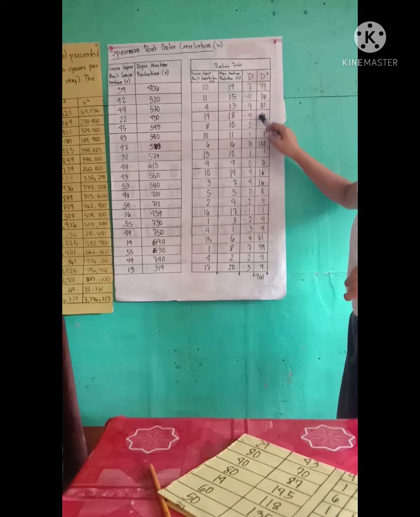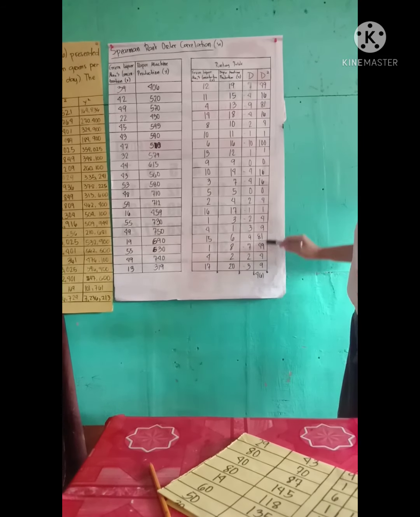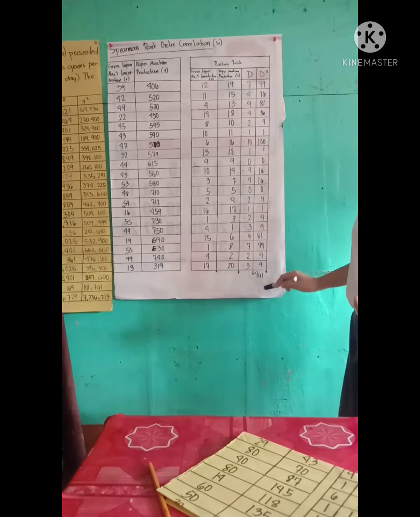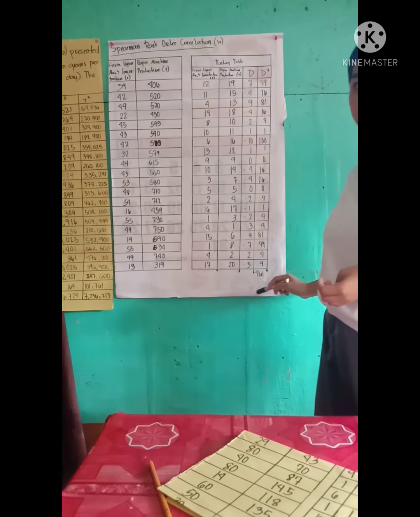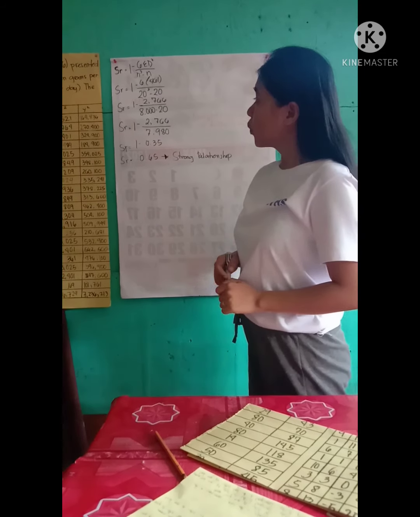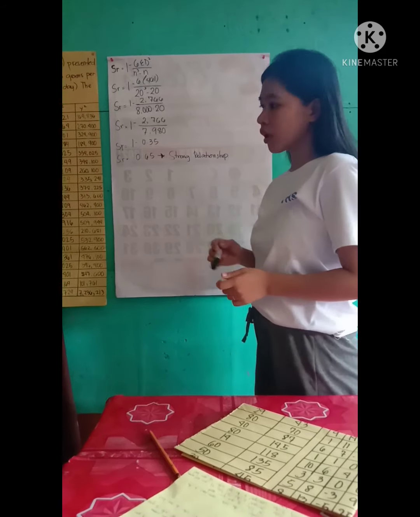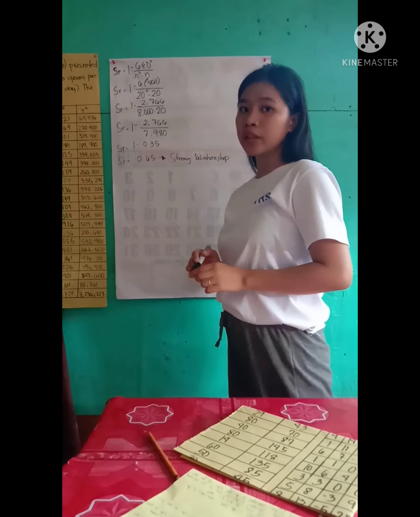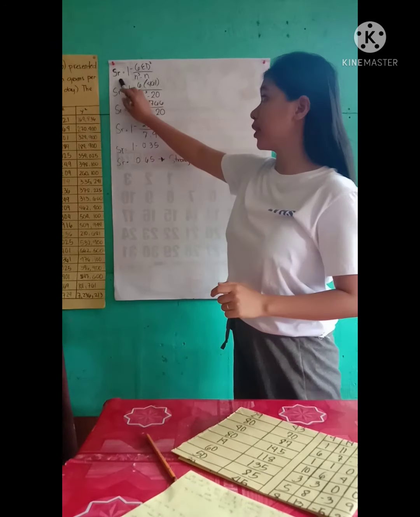The total sum of the D squared is 461. Now that the table is completed, we can solve for the Spearman rank order correlation using the following formula.